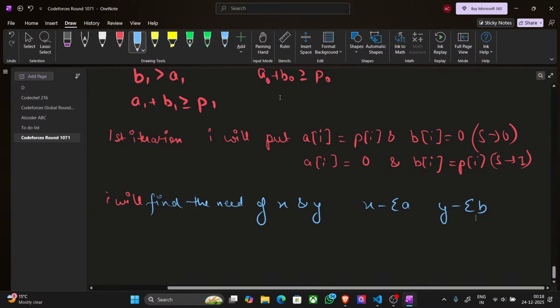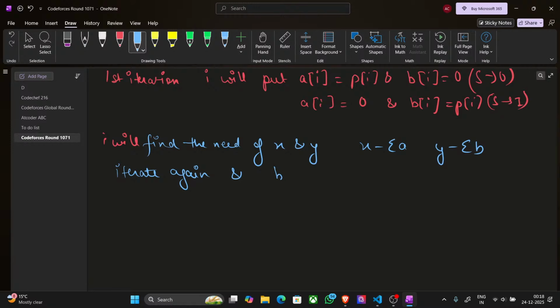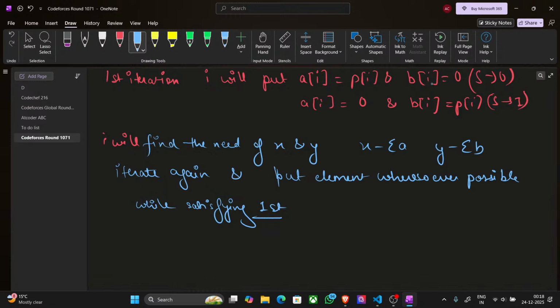After calculating this, I will just iterate again and put elements wheresoever possible while satisfying the first iteration. So while satisfying AI should be greater than BI if S is 0, I will try to put how much X I can put.